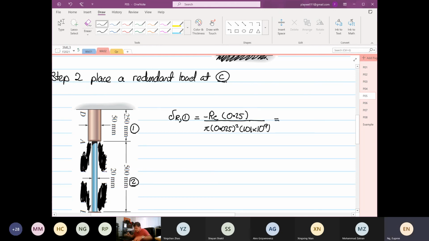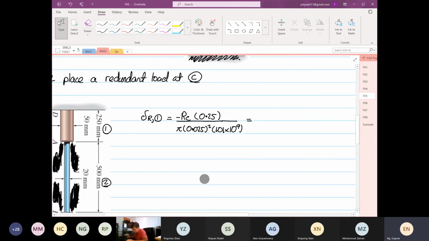So this will be equal to 0.25 divided by pi divided by 0.025 squared divided by 101 times 10 to the power 9, which is 1.261 times 10 to the power minus 9. So it's going to be minus 1.261 times 10 to the power minus 9 RC.